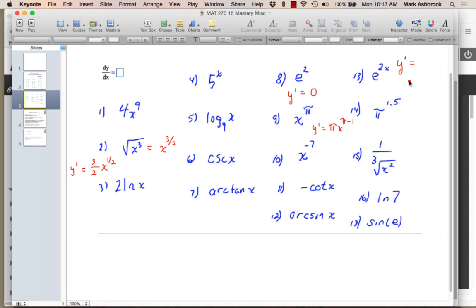So what's the rate of change of e to the something? What's that? Yeah, right. E to, yeah. Yep, so the rate of change is just e to the something, but that's just not e to the x. You have an interior function there. Which is? 2 e to the 2x, or e to the 2x times 2.